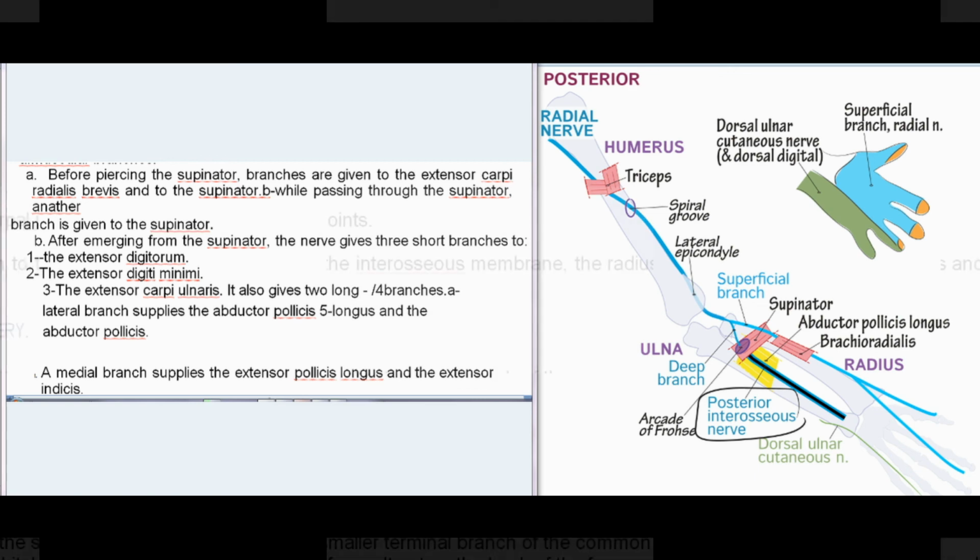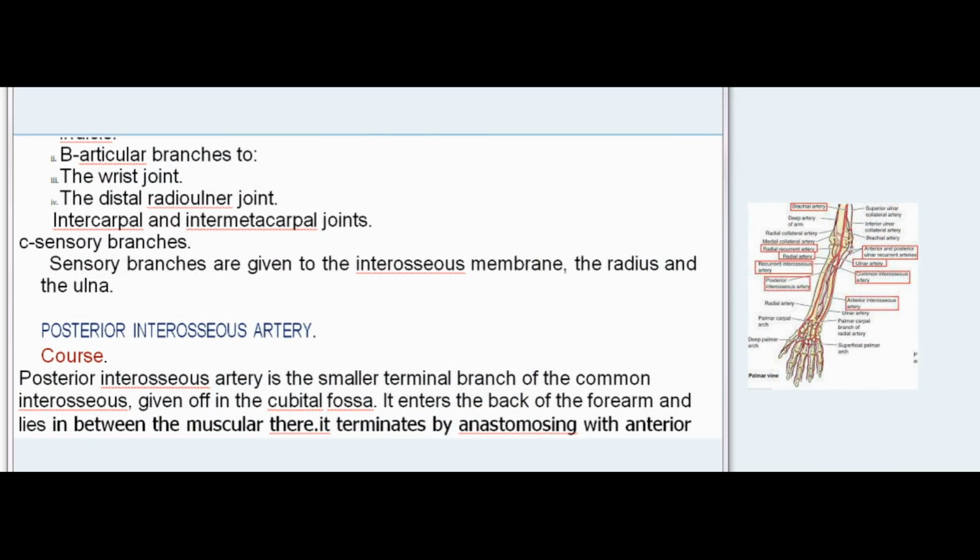B. Articular branches to the wrist joint, the distal radioulnar joint, intercarpal and intermetacarpal joints. C. Sensory branches are given to the interosseous membrane, the radius, and the ulna.